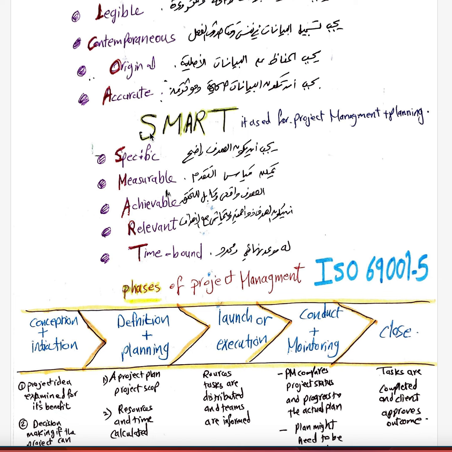And T should be time bound, that means any project should have a beginning or start and an end. It can't be forever. That's exactly the technique called SMART, which is so important for project management and planning. S specific, M measurable, A achievable, R relevant, T time bound.